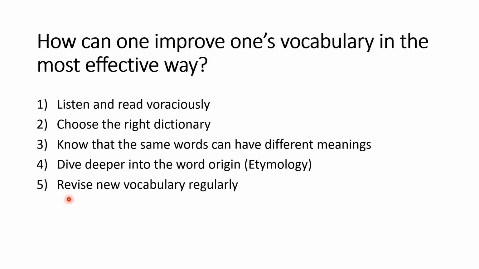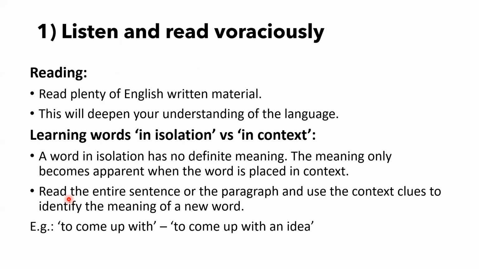Right, breaking down words, getting to know the individual parts of the words, and then trying to guess the meaning out of that can really help you. Fifth one is to revise new vocabulary regularly. So these are the different strategies that could help you. Let us look at the first one.